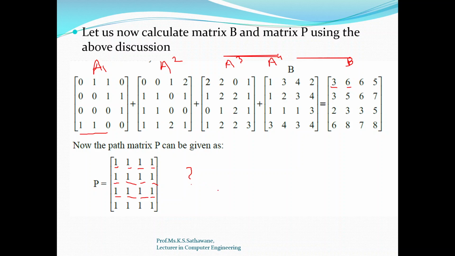This concludes that we can reach from any node to every other node, meaning there is a path between any two nodes in the given graph, let it be a path of length 1, 2, 3 or 4, a direct path or an indirect path. So this is how the path matrix is calculated from the adjacency matrix.